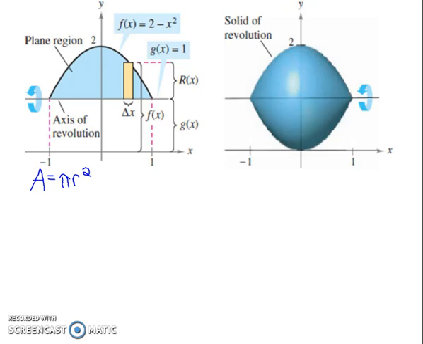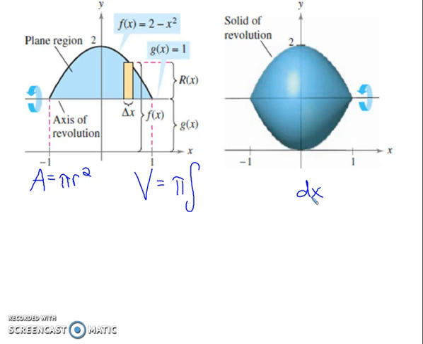Okay, so I do know that for my volume formula, it's going to be pi times some sort of radius squared with respect to x. Now, the length of that radius, they've kind of drawn it in here for us. We have to almost think of this like a translation from the x-axis to whatever our new axis of rotation is. So if you think about shifting things up or down, all we do to shift things up or down is we add or subtract a number to them.